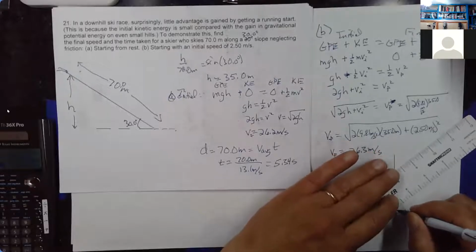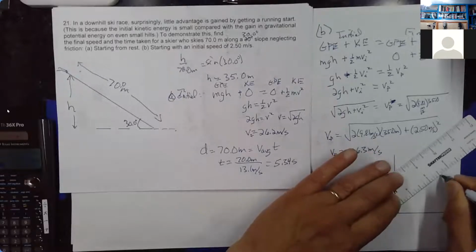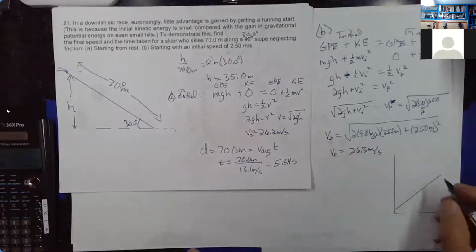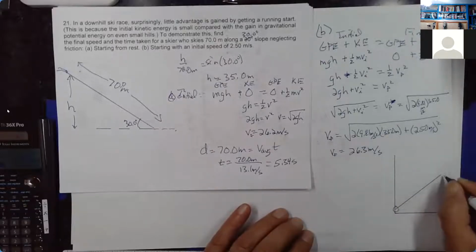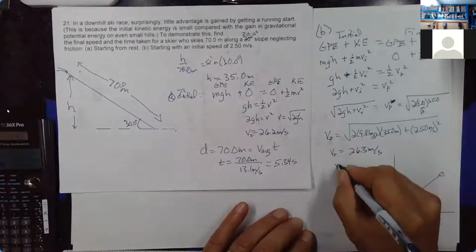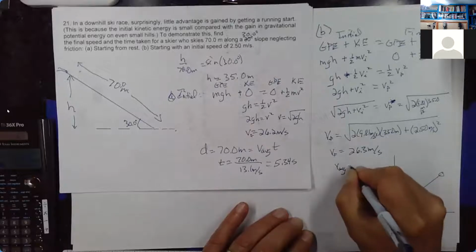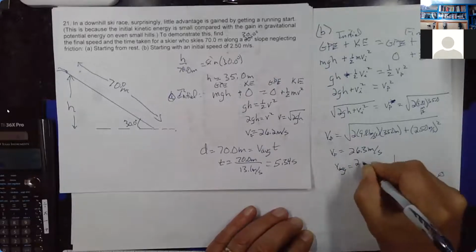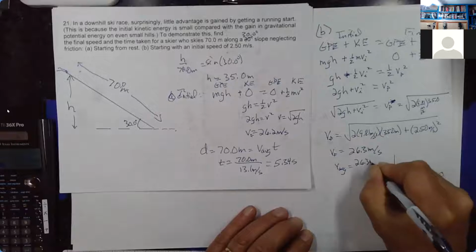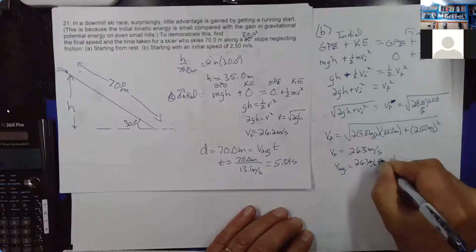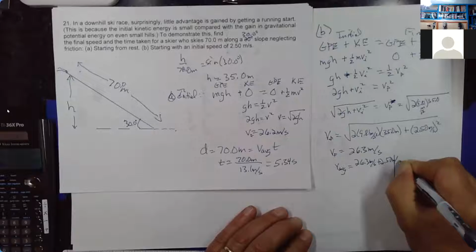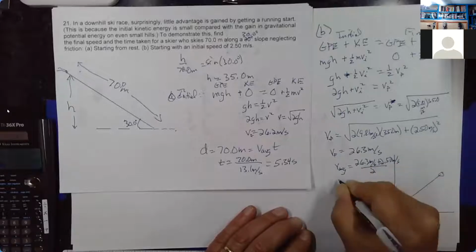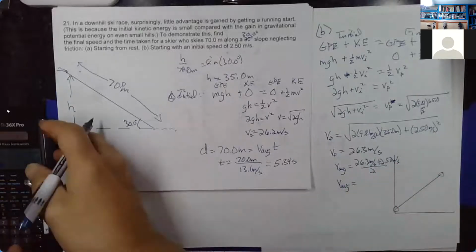But now my average velocity will still be the average of the initial and the final. So V average is going to be 26.3 meters per second plus 2.50 meters per second, divided by 2.